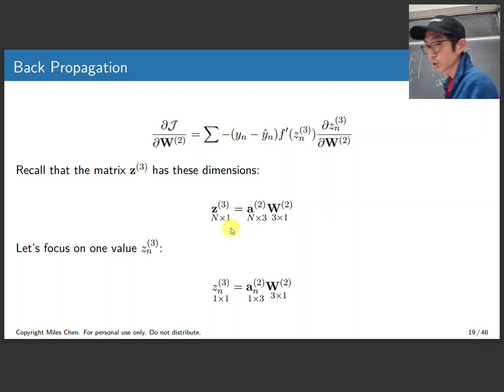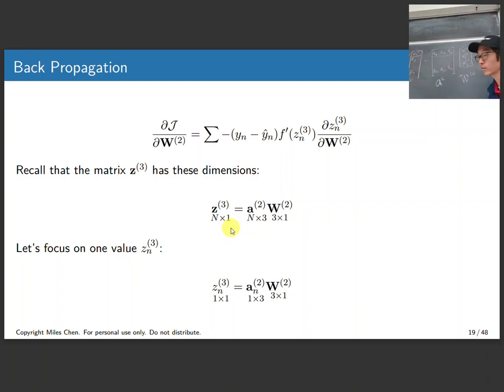You basically have 3 terms in each row: A11, A12, A13, and so on, down to the last row. If we just focus on one row, it's going to be this times this.